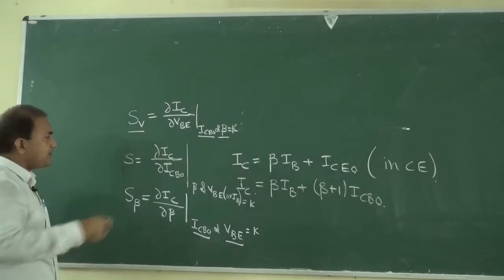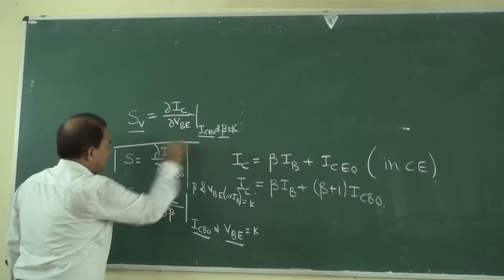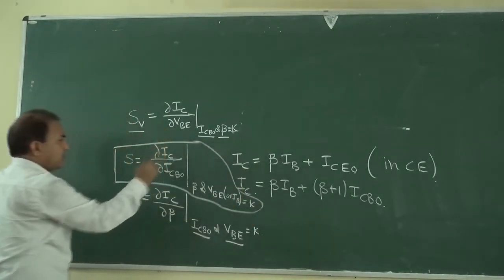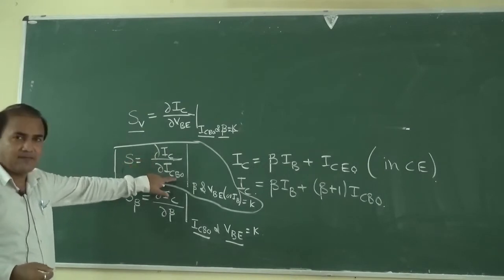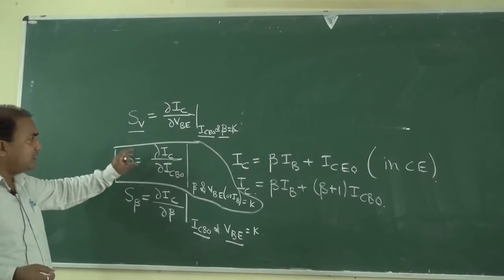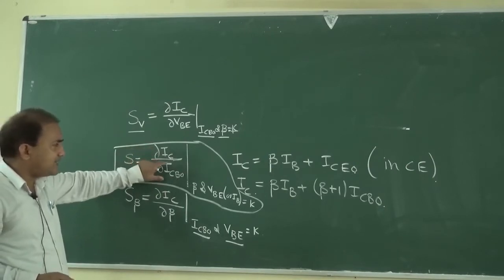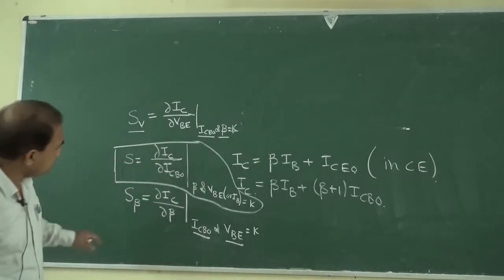Okay. So we will study the stability factor based on the variation of ICBO. That is the rate of change of IC with respect to change of ICBO when beta and VBE are constant.